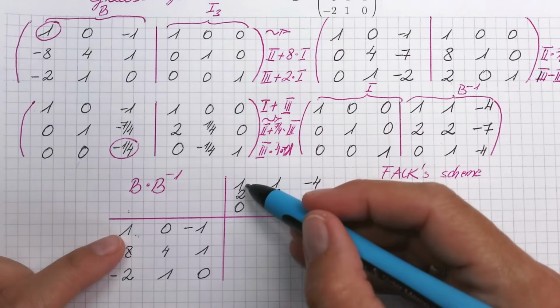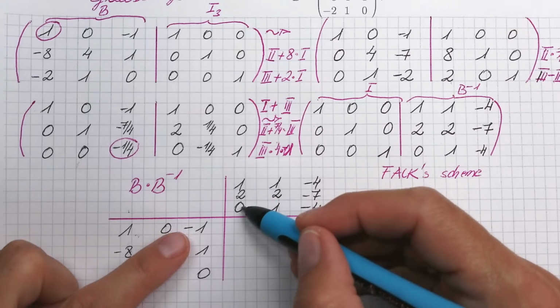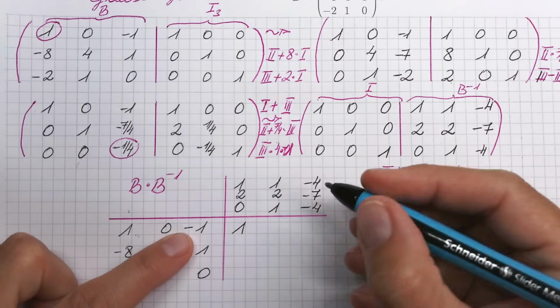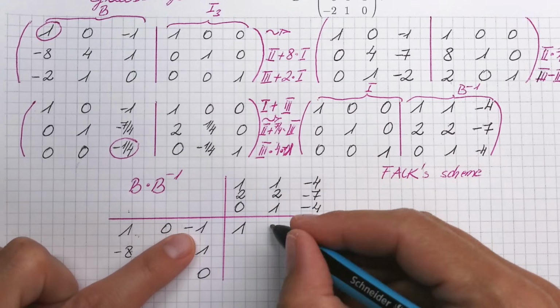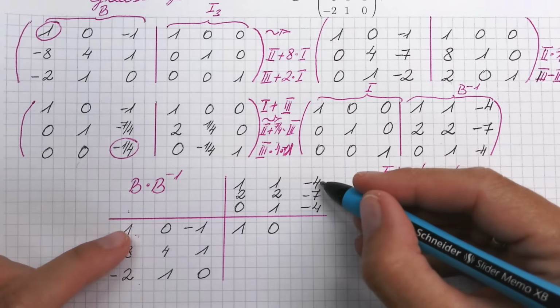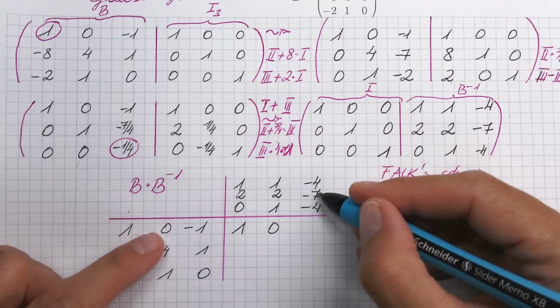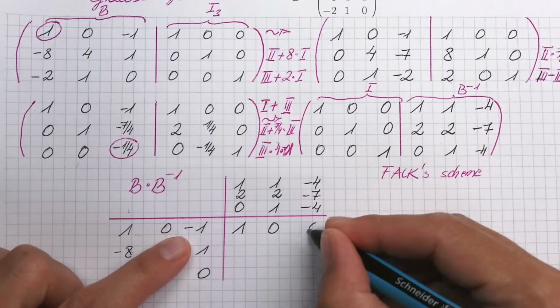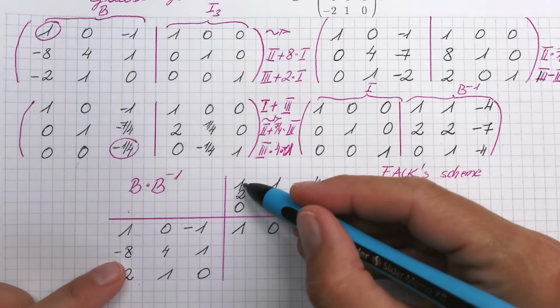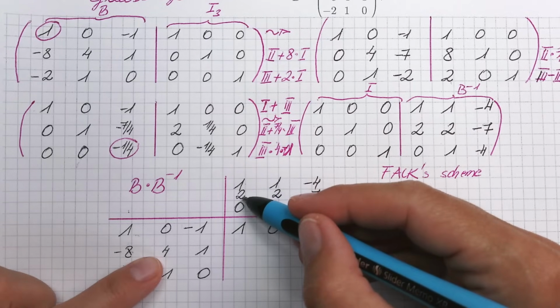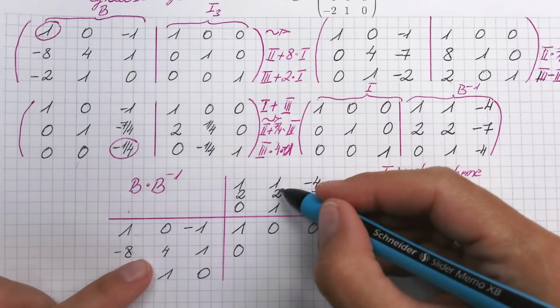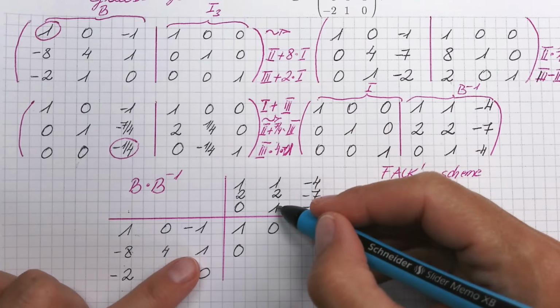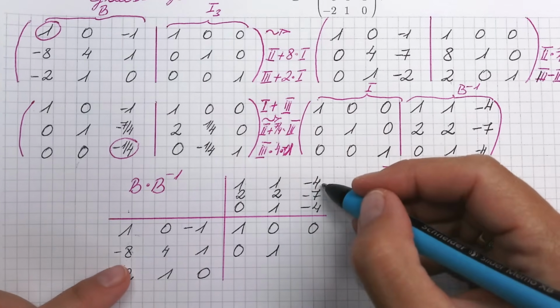Now 1 plus 0 is 1. Now here we have 1 plus 0 minus 1 is 0. Here we got minus 4 plus 0 plus 4 is 0. Now we are here. Minus 8 plus 8 is 0 plus 0 is 0. Minus 8 plus 8 is 0 plus 1 is 1.